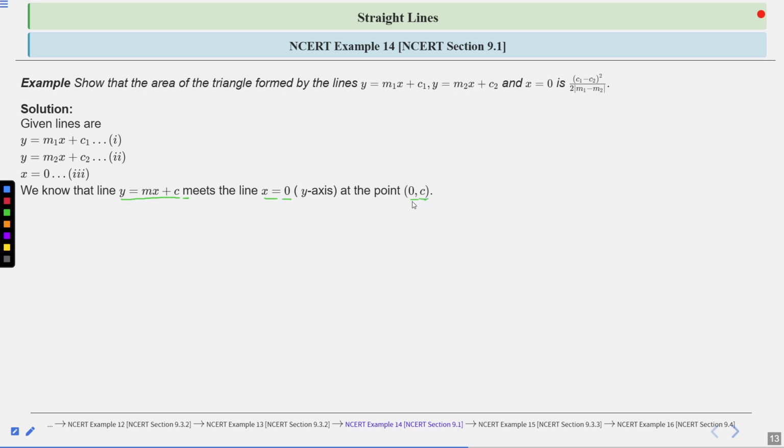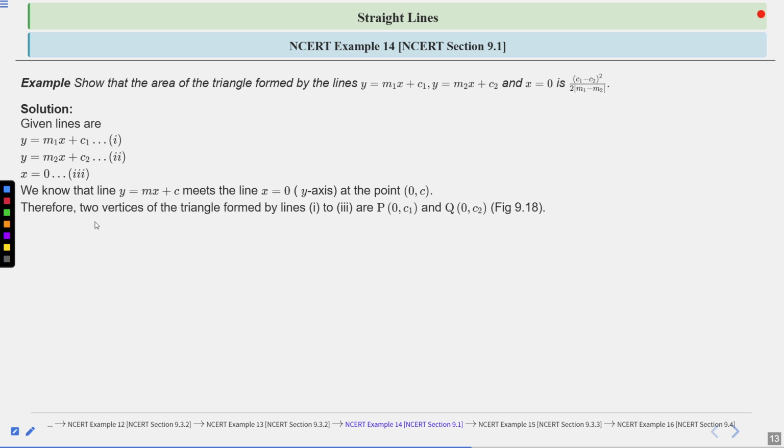Okay, so you can easily find this point by putting the value of x equal to 0 in this equation, and then you will get the point (0, c).